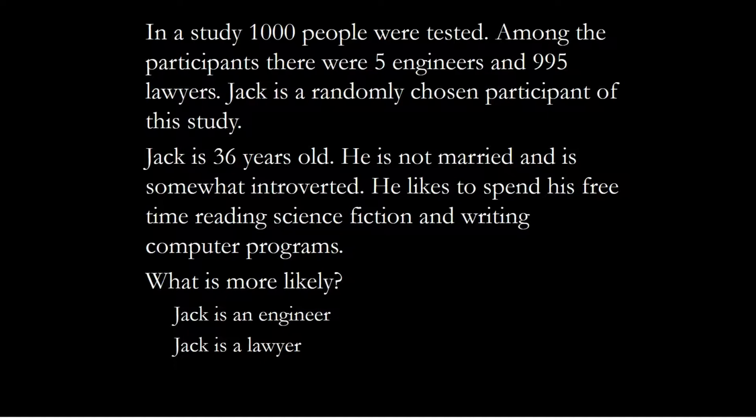Okay. So, the idea is, when it's not presented as part of a class on intuition and deliberation, many people say engineer because this fits the stereotypes of what an engineer is. But this is called base rate neglect, because when you say engineer, you're super heavily weighting these not really that indicative attributes, and you're ignoring the fact that there's only a 0.5% chance that he's an engineer because of the overall likelihood.